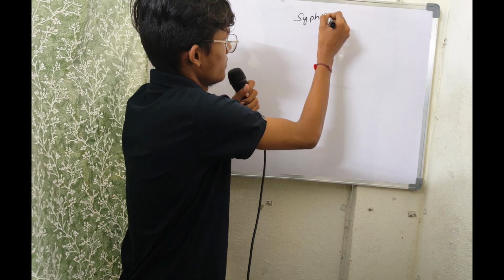So due to that, the actual problem comes. Then in CNS syphilis, what happens? There will be neuronal damage, right? So there may be dementia, loss of memory, and loss of sensation also. These are the CNS related symptoms.